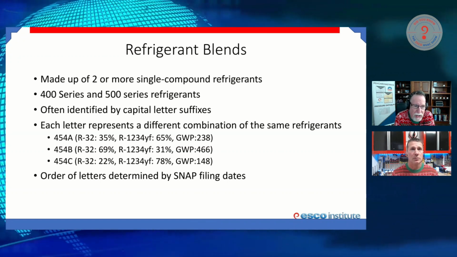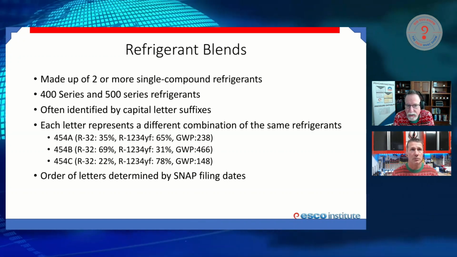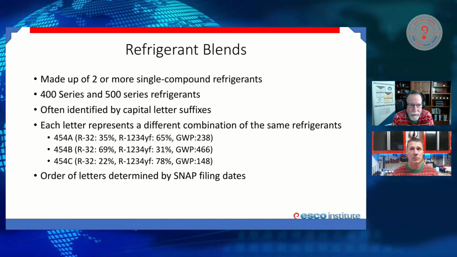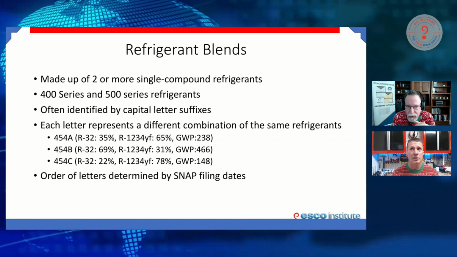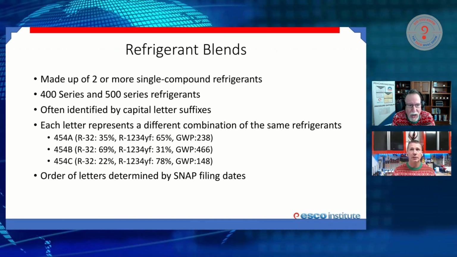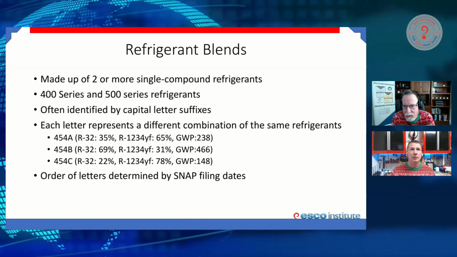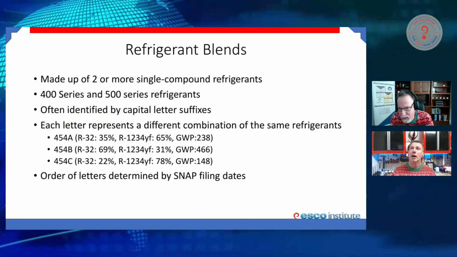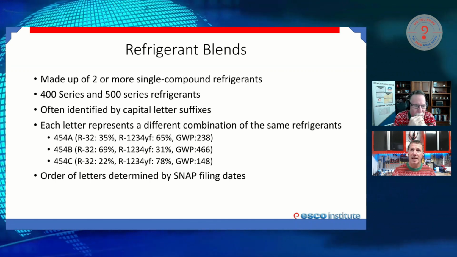And the classification of A, B, or C was determined by the date that these refrigerants were filed for SNAP, the Significant New Alternatives Policy Program. It just so happens that 454A was filed before 454B, which was filed before 454C. So that simple.